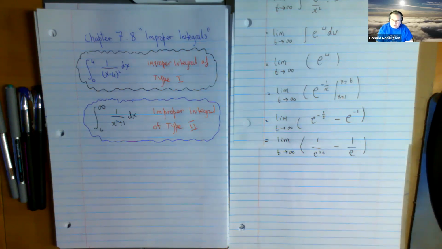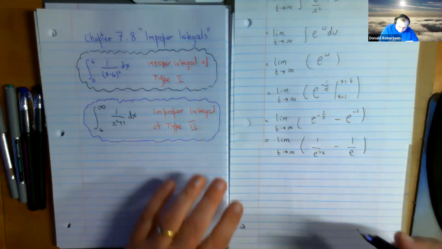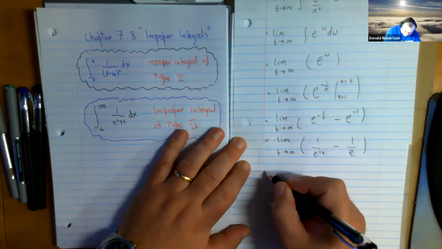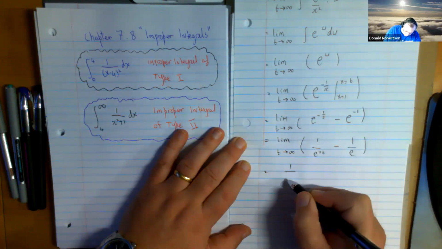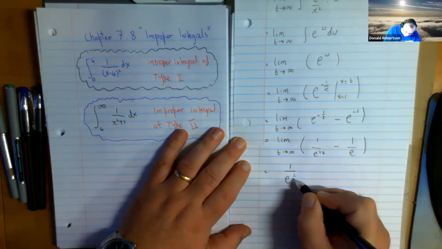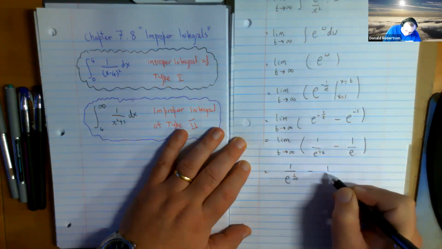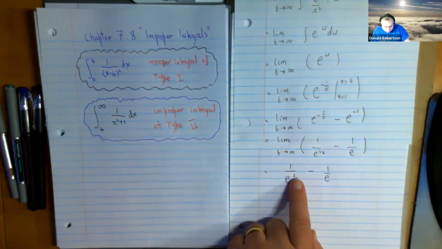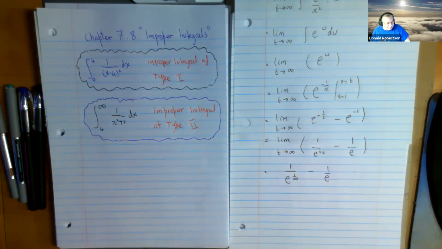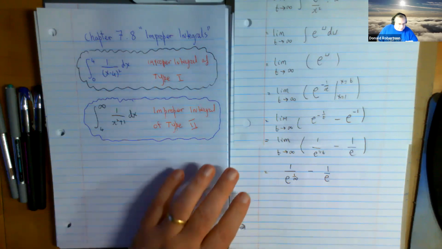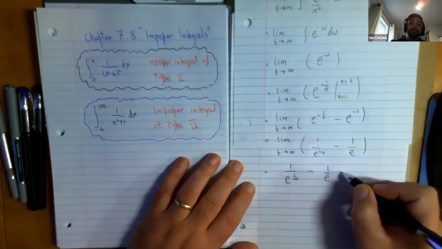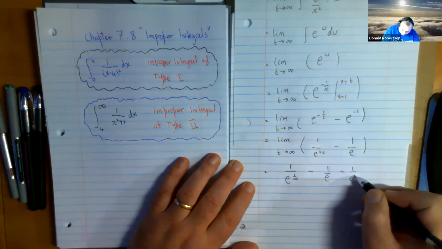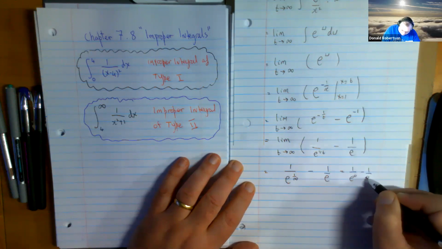So when I look at this guy, I'm saying to myself, okay, time to figure out what this is equal to. I can do brute force on this. It's 1 over e to the power of 1 over infinity, take away 1 over e. Now, what number is 1 over infinity? 0. And so what you're going to get is 1 over e to the 0, take away 1 over e.